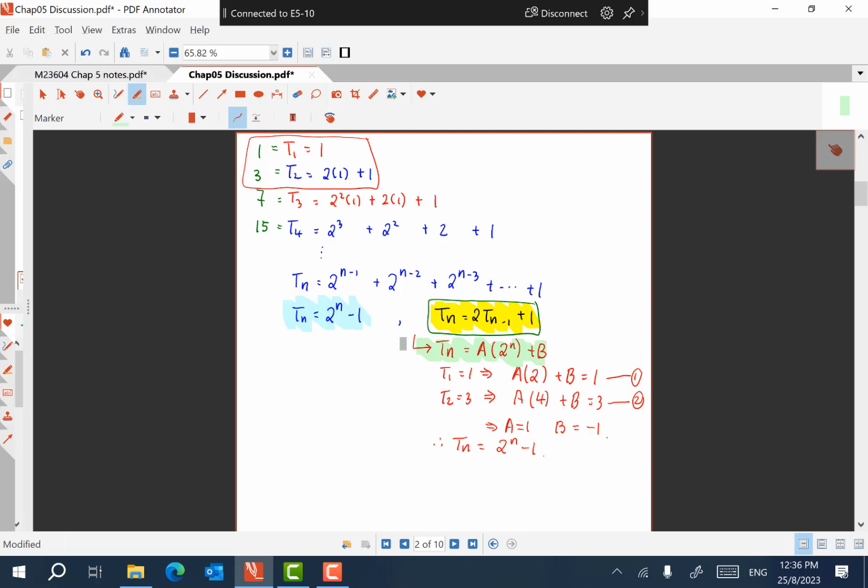Realize that every time a recurrence relation is in the yellow color, the solution will be in the green color, and that provides you with a shortcut as compared to the complete iteration that we did and applying GP formula or AP formula or whatever formula you know to get to the summation. If we change it to be something like Dn equals 3 Dn minus 1 plus 1, then it'll still be A times 3 to the power n plus B.